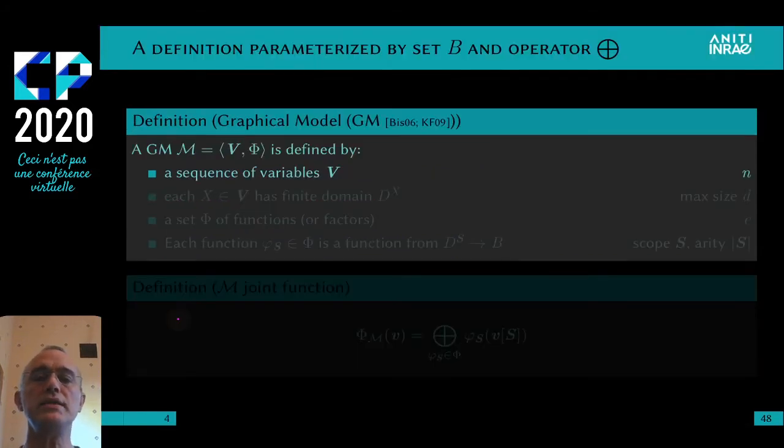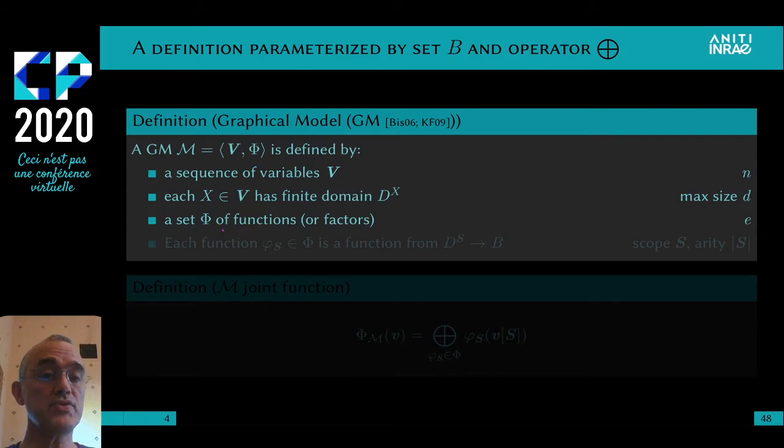Now we can define a graphical model more formally. We want to describe a function. The function maps tuples to some objects that will be members of a set B. And the description of the function is made from the combination of small functions. So to combine these small functions, we will need an operator O+. And with this, we can define a graphical model: a sequence of variables, then each variable has a domain, and then we have small functions or factors.